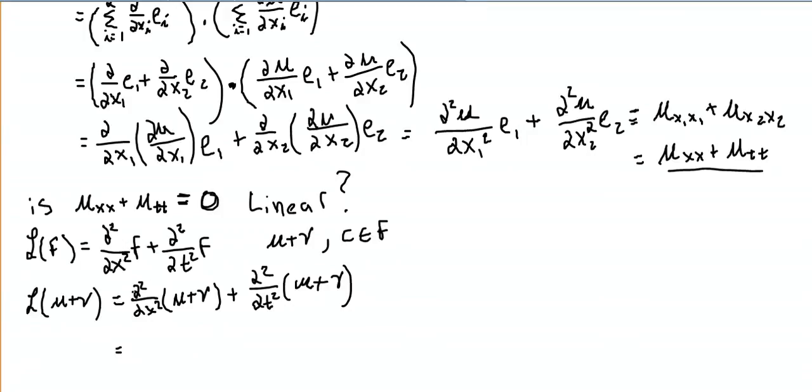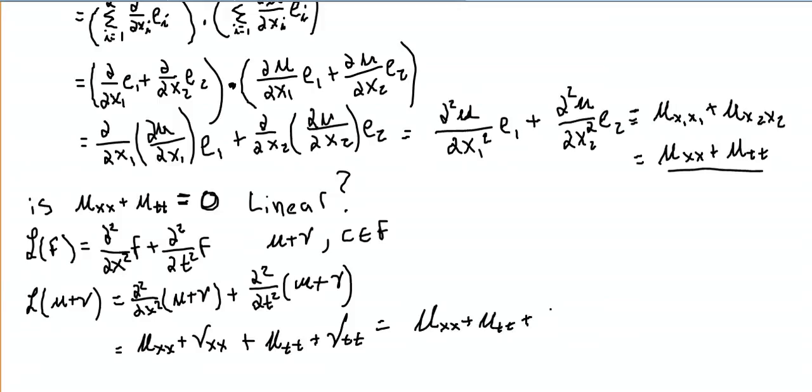So this is equal to u xx plus vxx plus, because we're allowed to distribute, u tt plus vtt. Rearranging terms, I get uxx plus utt plus vxx plus vtt, which is really equal to L of u plus L of v.